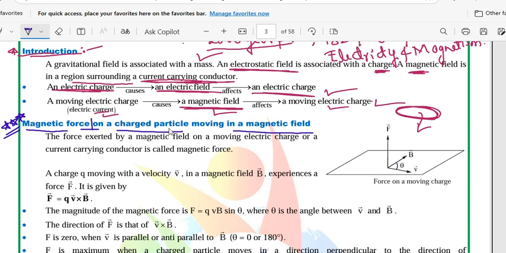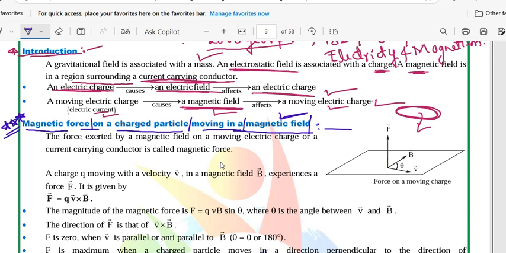You can divide it into three concepts here. Magnetic force is one thing, charged particle is one thing, and magnetic field is one thing. So totally, magnetic force on a charged particle moving in a magnetic field. This is the first thing. Magnetic force, I am applying here a magnetic force on which? On a charged particle moving in a magnetic field. There will be a magnetic field.